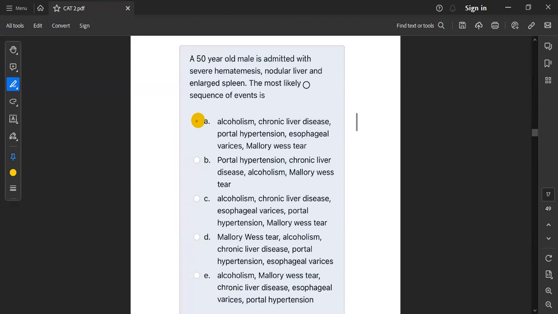And therefore, you get this classic presentation of vomiting blood, which is called hematemesis. Yeah, and that's how it flows. We start with alcoholism, chronic liver disease, portal hypertension, esophageal varices, and then Mallory-Weiss tears.